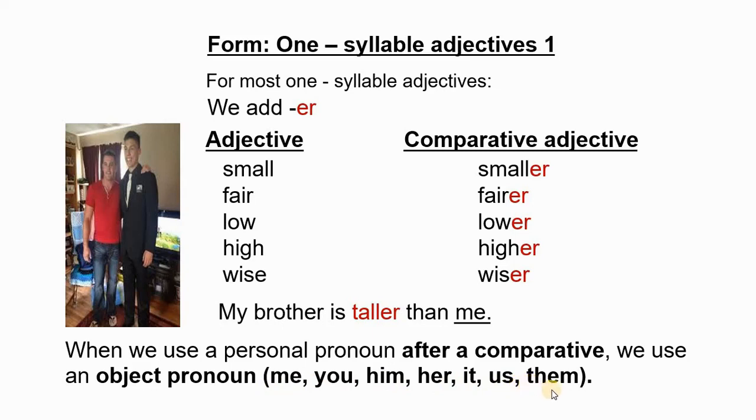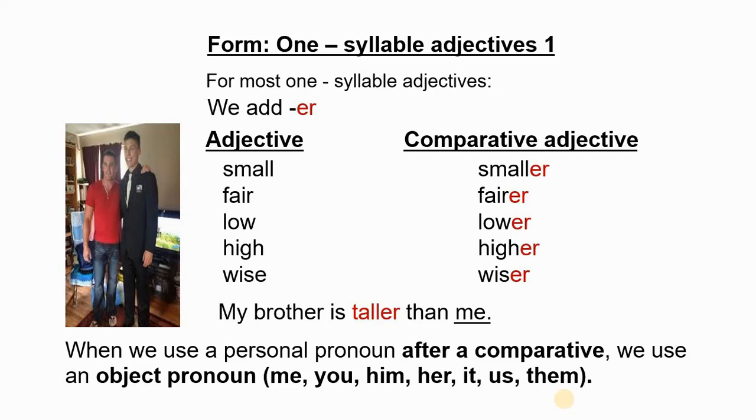And the object personal pronouns are, okay, so again, me, you, him, her, it, us, them. So we use a personal pronoun, me, and do not use a subject pronoun.